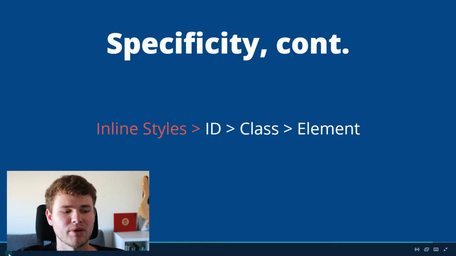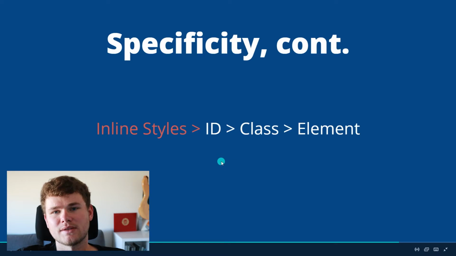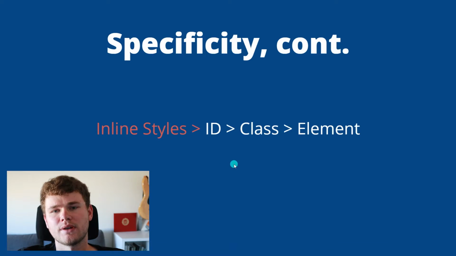So just to recap, if you're trying to troubleshoot why a certain component isn't styled how you would expect, and you didn't add any custom CSS, as we will see in a second, if you apply inline styles and it doesn't affect your component, then you have a problem.